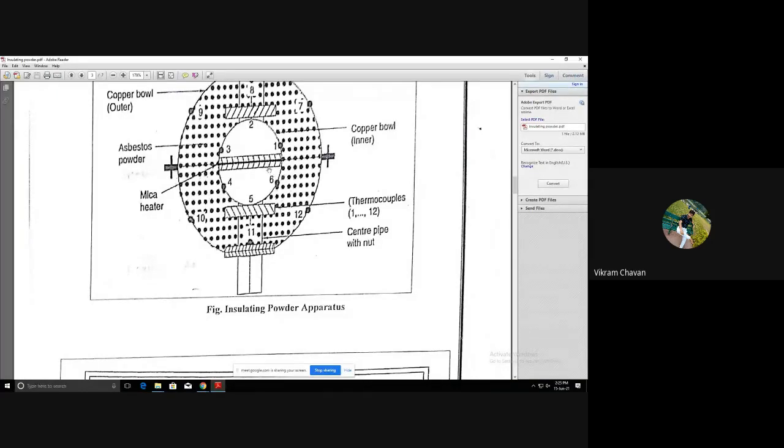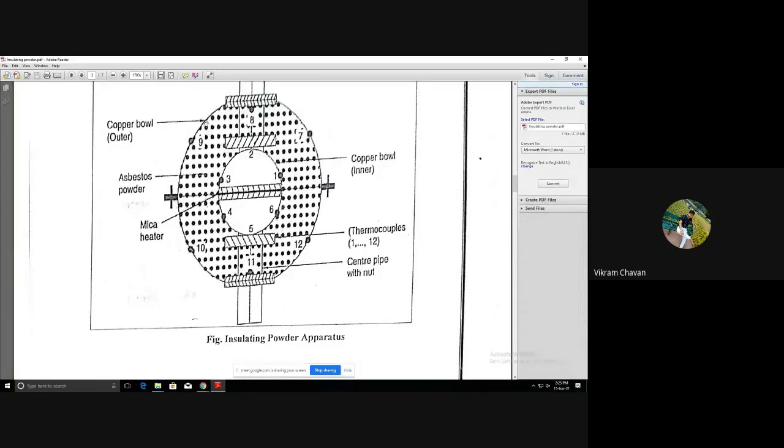To solve that question, we take the average temperature for the inner sphere, and similarly we have also provided 6 thermocouples for the outer sphere. You can provide 6, 7, 8, 9, no issue. As you increase the number of thermocouples, the accuracy goes on increasing, because finally we are taking the average temperature for the inner sphere and for the outer sphere.